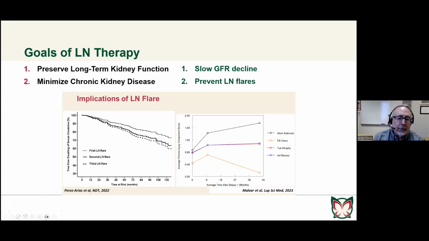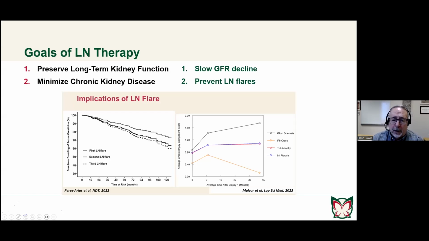And you can see that over time, you have some risk of this in patients that have their first flare, which is the top line. And then you see that more and more patients are going to double their serum creatinine if they've had more than one renal flare. On the right side is some data that we recently put out from a repeat biopsy study.